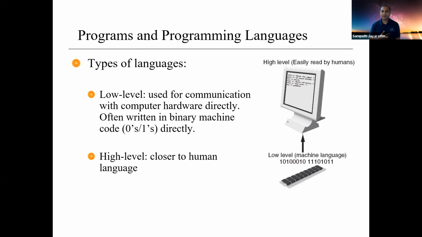And what it means by this difference, I've said machine language. There are languages closer to the computer, and there are languages closer to the human. Back in the past, a lot of languages were closer to the machine. That's why it was hard to learn.